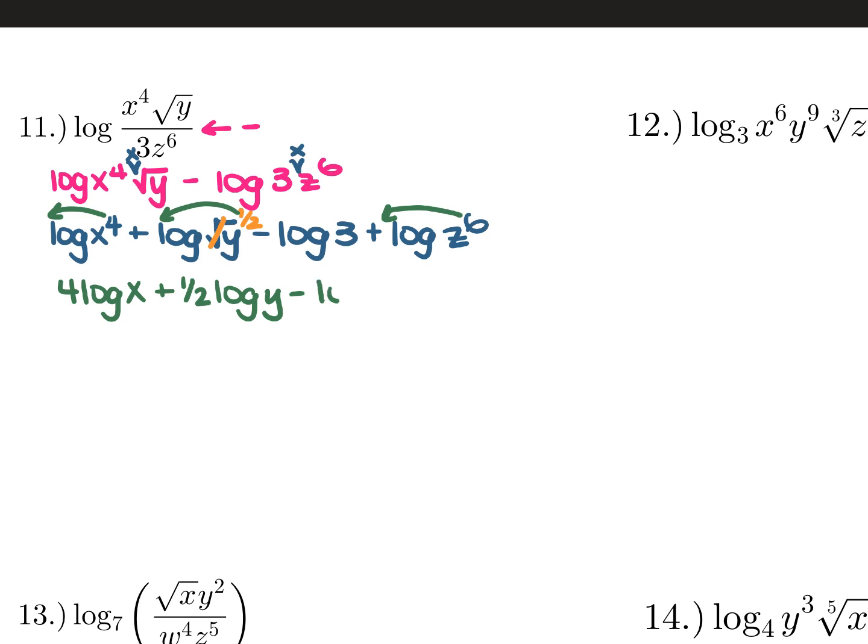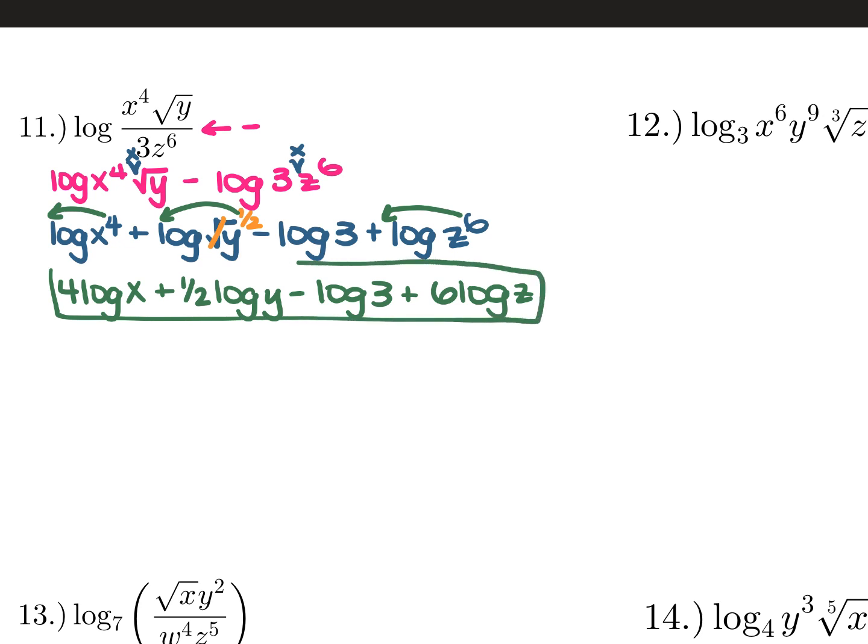Then you have minus log of 3. And then the 6 at the power on the z goes to the front to where you have plus 6 log of z. So altogether, you have 4 times log of x plus 1/2 log of y minus log of 3 plus 6 log of z.